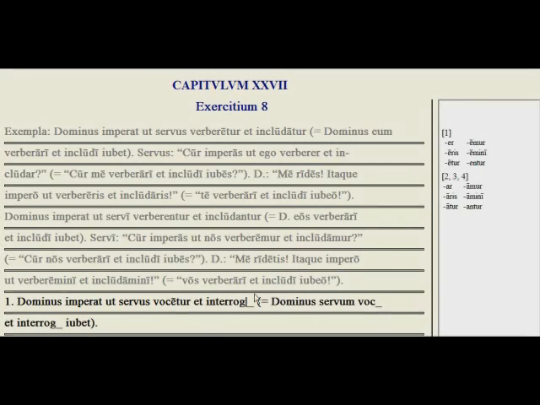And third person interrogatur, instead of interrogatur, we get interrogetur. And when we use iubet, we need the accusative and infinitive construction, so the master orders that the slave be called, vocari, and be questioned, interrogari. Go through the rest of those, and let's try exercise 9.